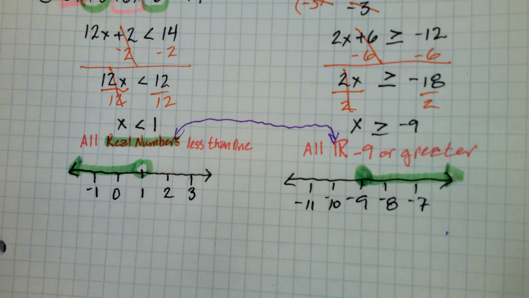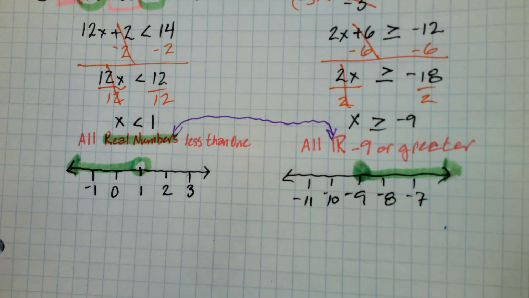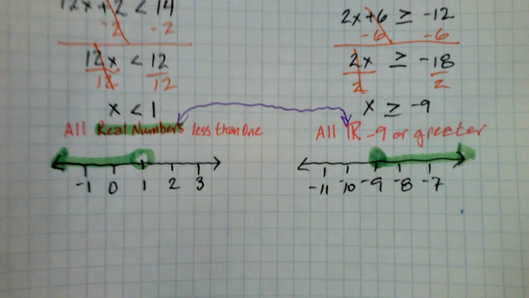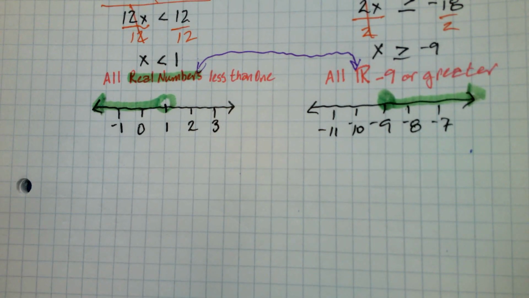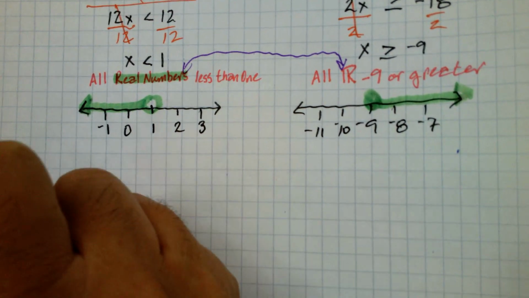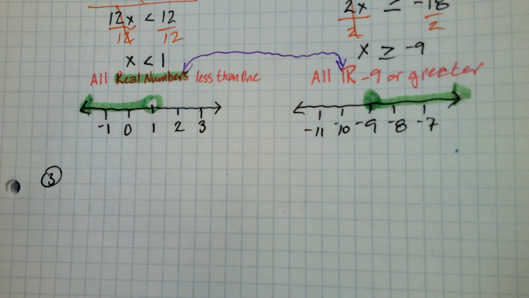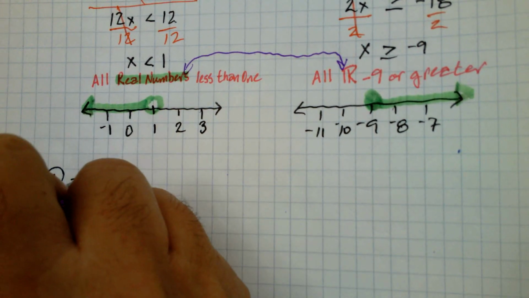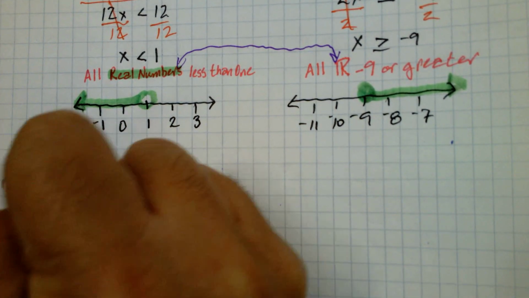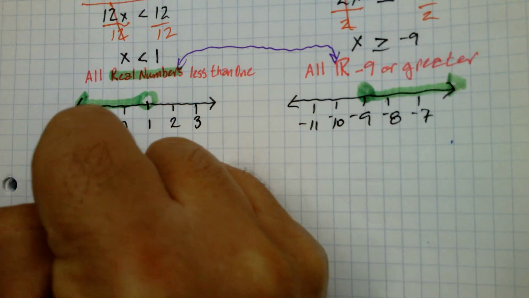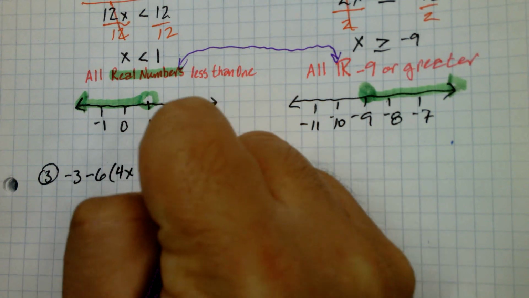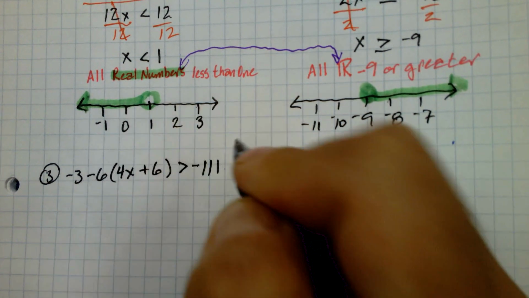All right, let's do another one. We'll do 2 more. Okay? So, let's do number 3. -3 minus 6 times the quantity 4x plus 6 is greater than -111.